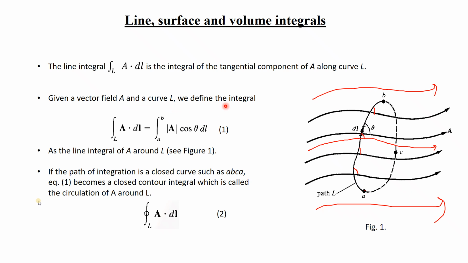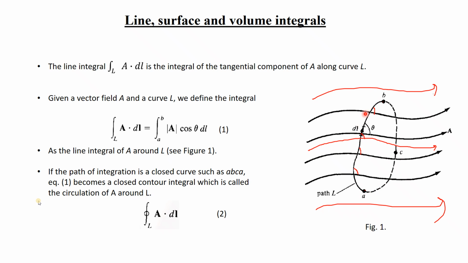So for a vector field A and a curve L, curve or length whatever, we define the integral like this. That means integration from A to B, mod of A, then mod of dl, then cos theta. Now if you are traveling from A to B and again returning to A, that means it is a closed contour.